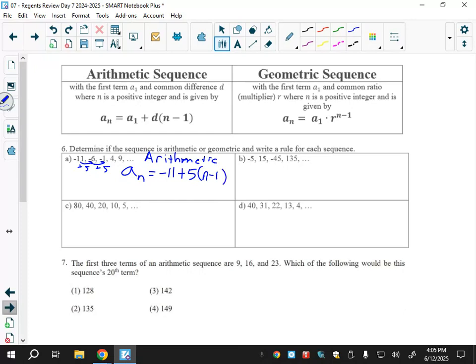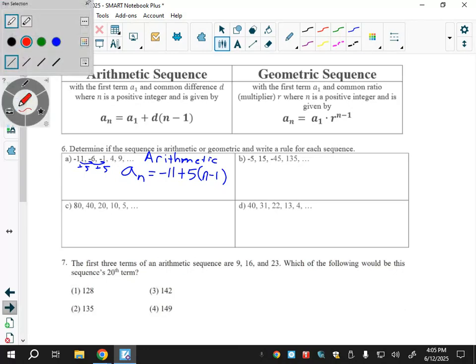In B, going from negative 5 to 15, you could add 20, but 15 to negative 45, no, that doesn't work. You must be multiplying by something. So that's going to be a geometric sequence where we see we're multiplying by negative 3. That's how we're going from negative to positive each time.